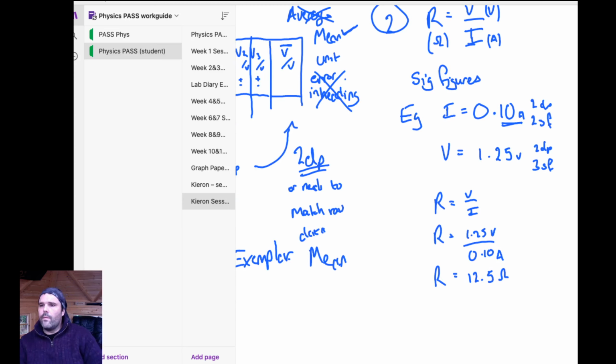Now, I've got 2 significant figures and 3 significant figures. What's the weakest link? The weakest link is the lowest number of sig figs. So I can only really give my resistance to 2 significant figures if it's in the final answer. But if I'm plotting it on a graph, then I can give a little bit more.